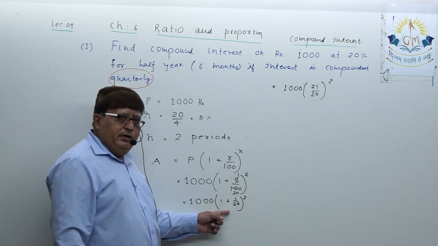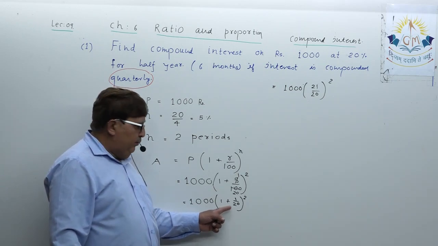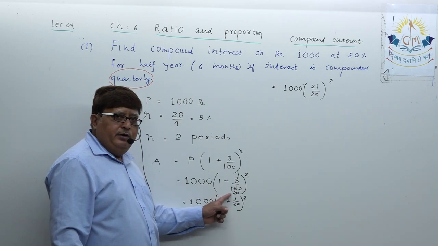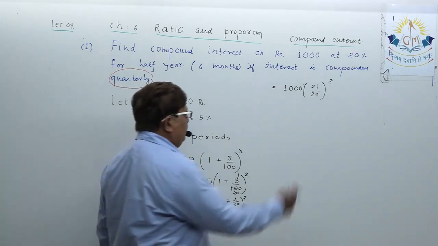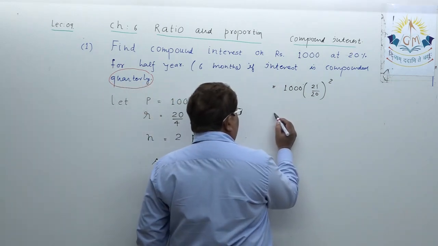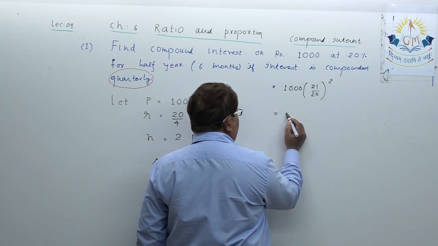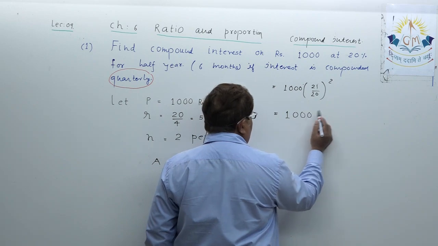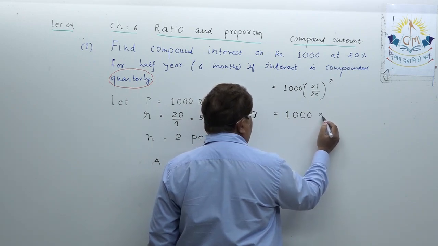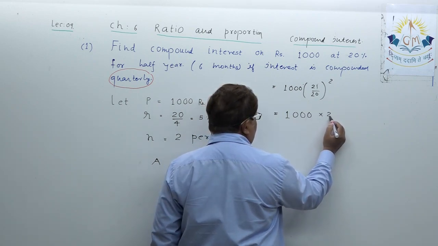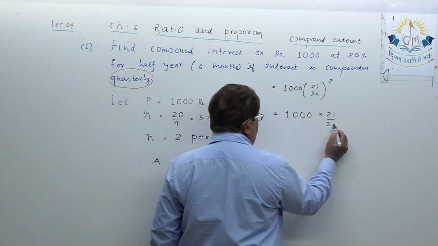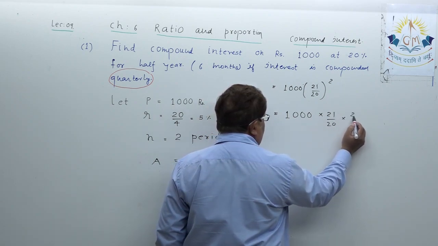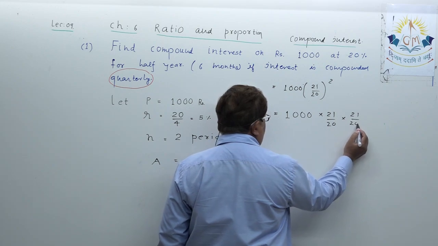Now the basics have to be very clear. 20 plus 1 is 21. Because the power that appears here is 2, so dear student, you will write 21 upon 20 twice. Okay.